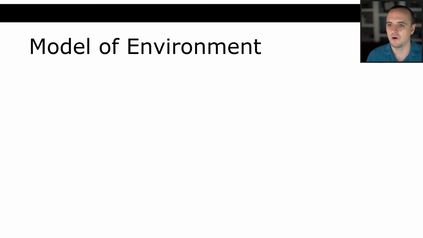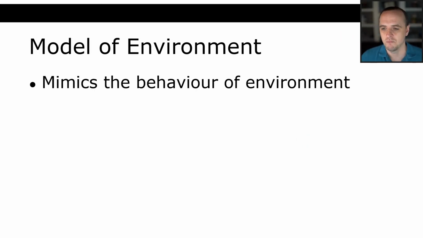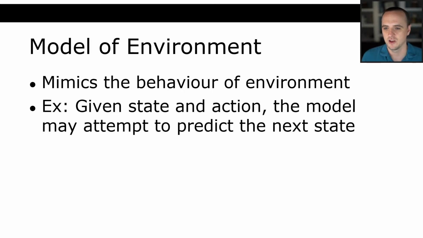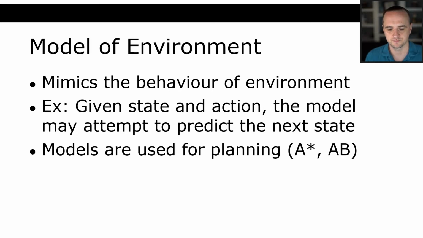Let's talk about the model of the environment. The model of an environment would mimic the behavior of an actual environment. So a model would be, given that I'm in a given state and an action, the model is going to either attempt to predict the next state if we're doing something like modeling the real world, or if we've got a game like Mario or chess, we're going to be able to exactly model that environment.